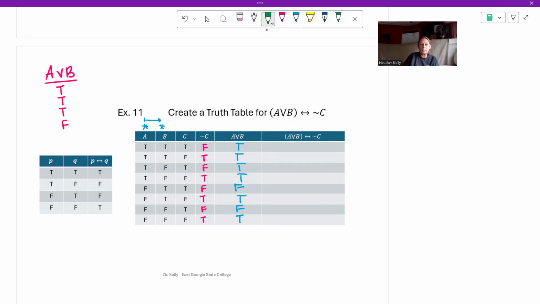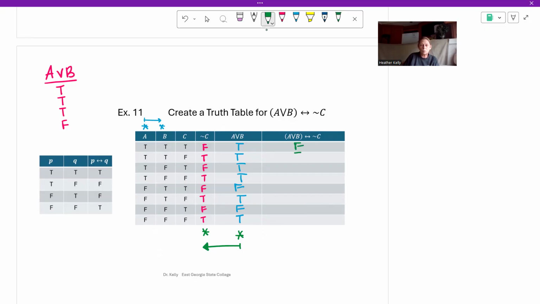Okay. And then finally, we're going to do A or B if and only if not C. This direction, because direction matters. And only when they're both true and both false is it true. So we've got true, false, false.